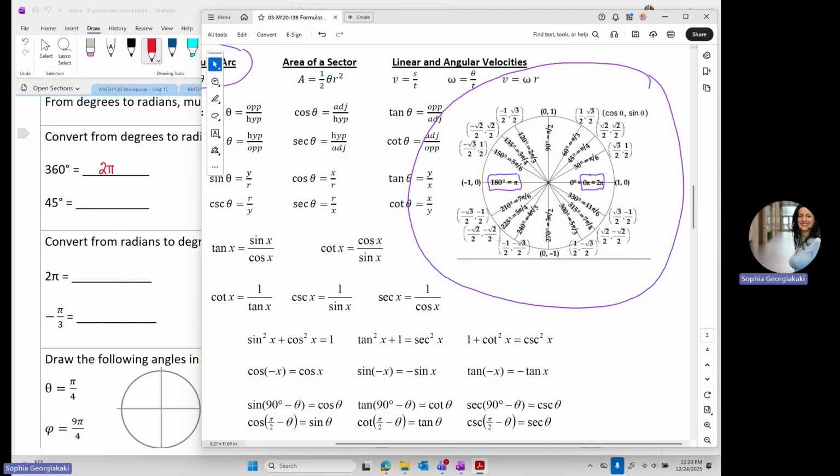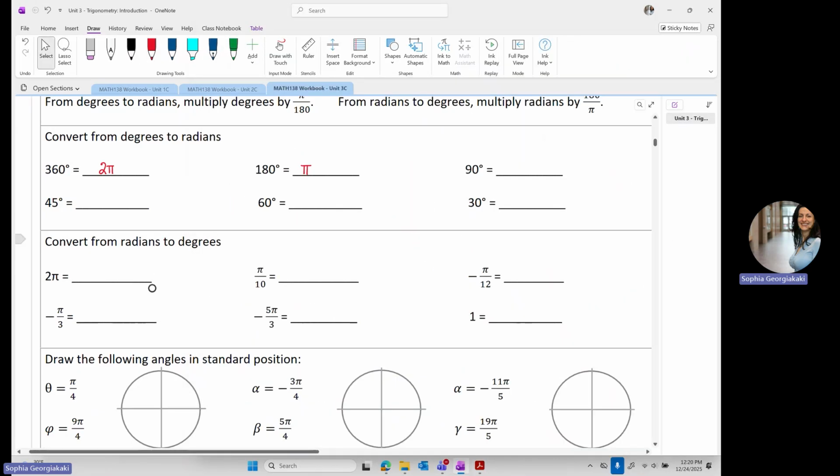So 90 degrees will be half of 180, and therefore half of pi, pi divided by 2. 45 is a quarter of 180 because it's half of 90, so it will be pi quarters, or 4 45s will give me 180.